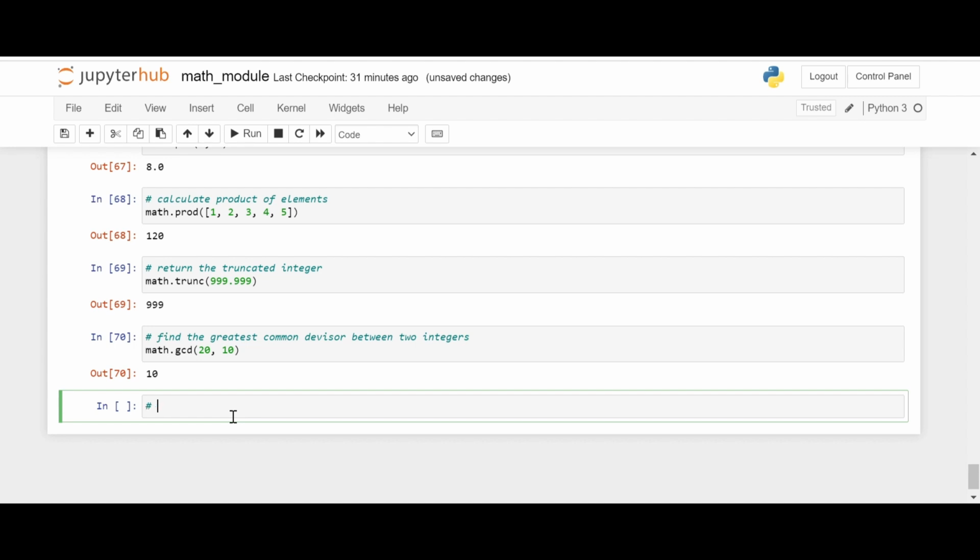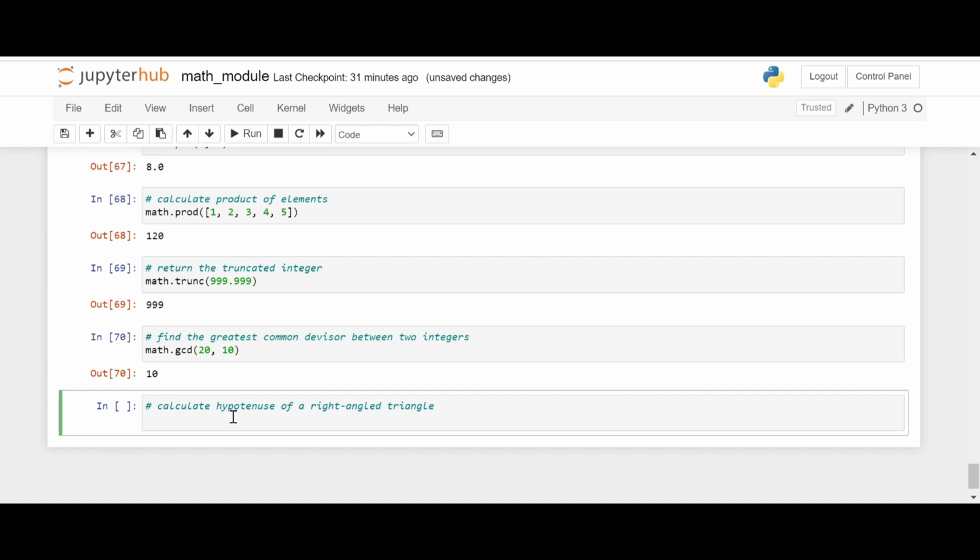Okay, then calculate hypotenuse of a right angled triangle. Math.hypot of 4, 3.